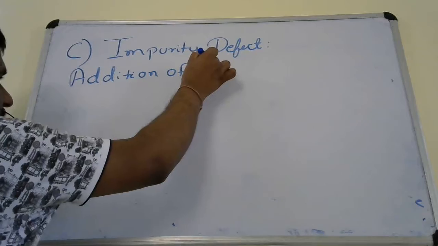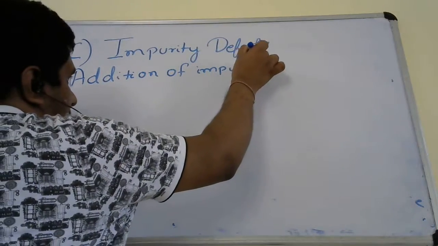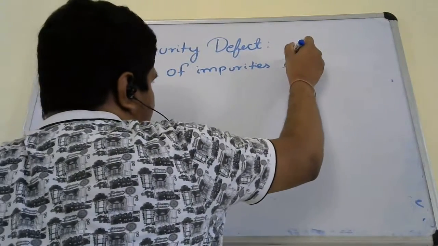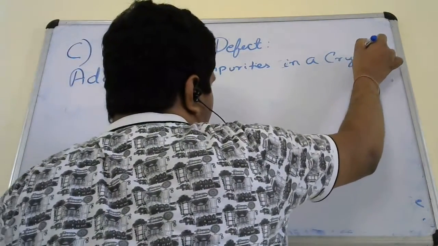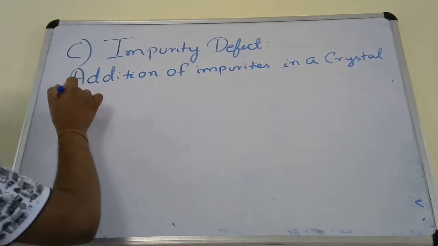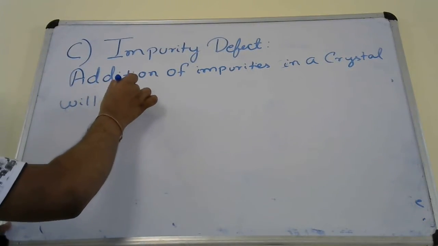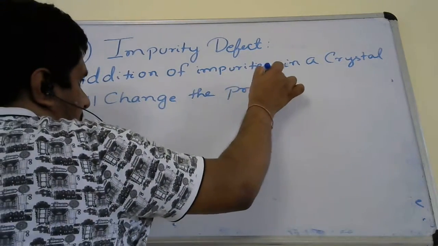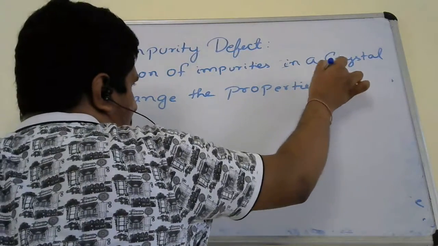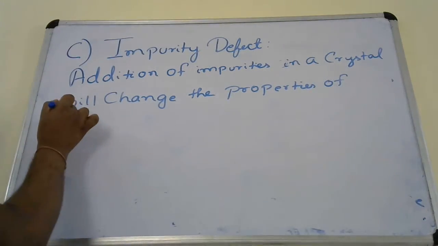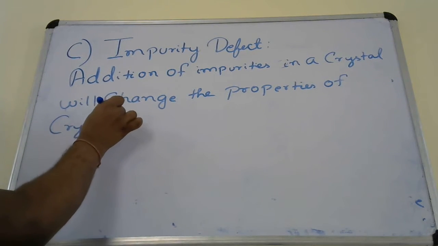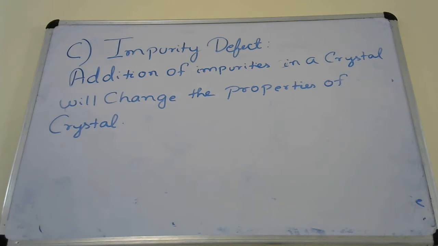Addition of impurities in a crystal will change the properties of the crystal. When you are adding an outside atom or impurities, it will change the properties of the crystal.